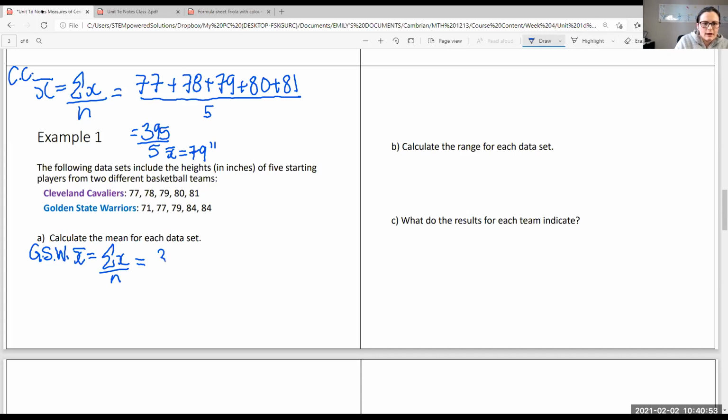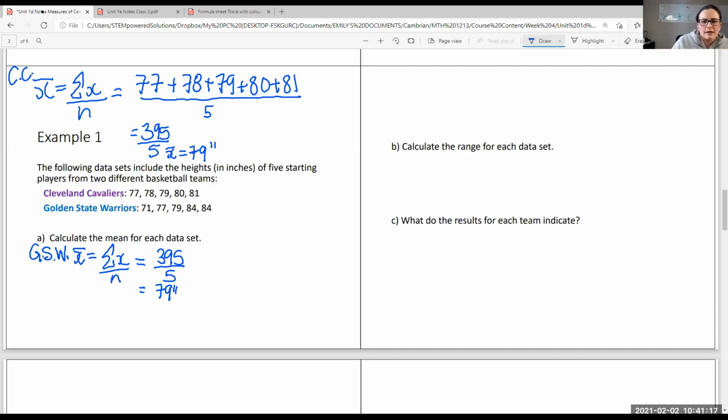It's equal to 395 divided by n, or the number of data points that we have, which is equal to 1, 2, 3, 4, 5, 5 basketball players. So we have 5 at the bottom. So 395 divided by 5 is the same as above, which is equal to 79 inches.